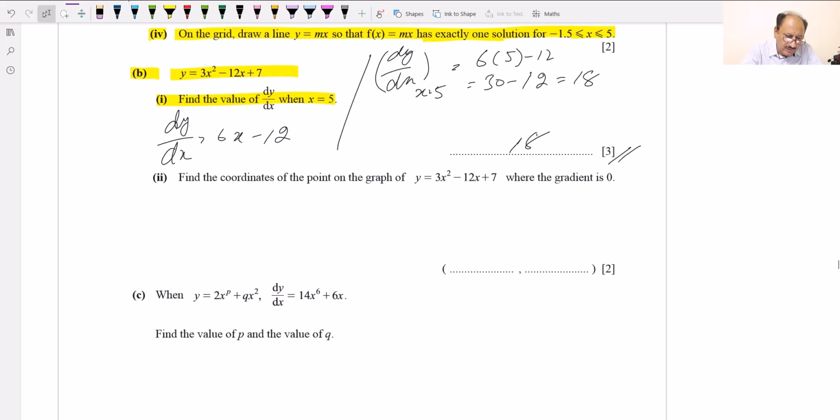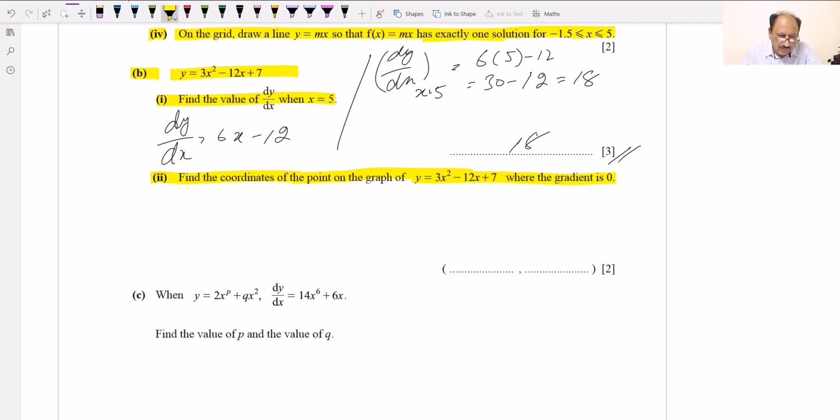Now for the second part, it says find the coordinates of the point on the graph of this one where the tangent is 0. Tangent is 0 means dy by dx should be 0.